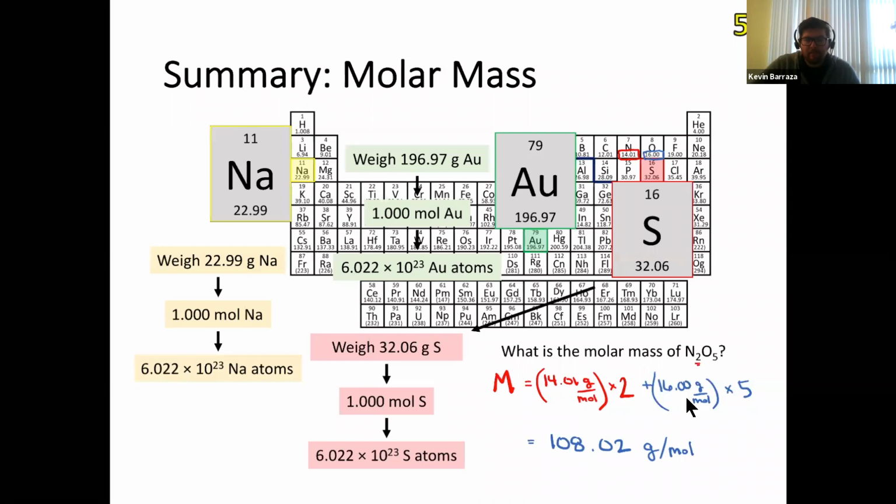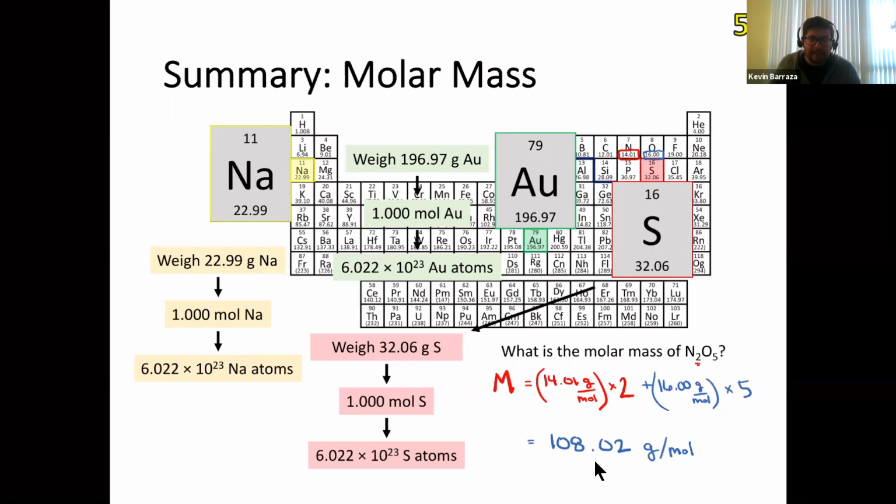Notice that because calculating a molar mass is addition, and these 2 and 5 are infinite sig figs, because this is addition, we're going to go by decimal places. So notice that I go to 2 decimal places. What this means is that if I have a container of this substance, N2O5, and I were to scoop out exactly 108.02 grams of it, I know that I have a mole of those particles.